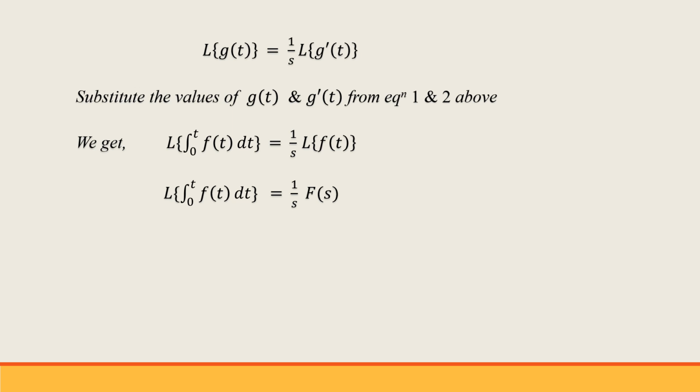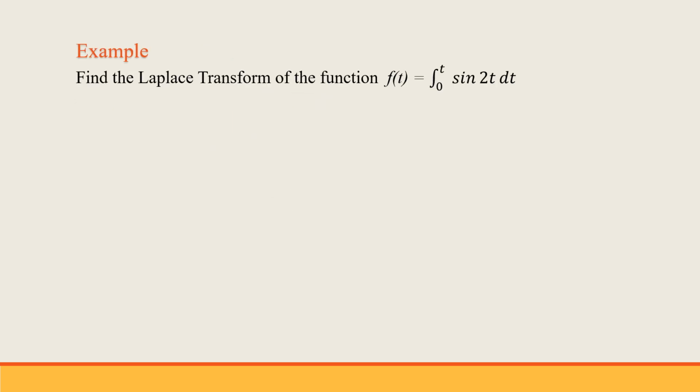So let's go through some examples based on this property. First example, find the Laplace transform of the function ft equal to integral 0 to t sine 2t dt. So the solution of this is simple one. Let's do it.